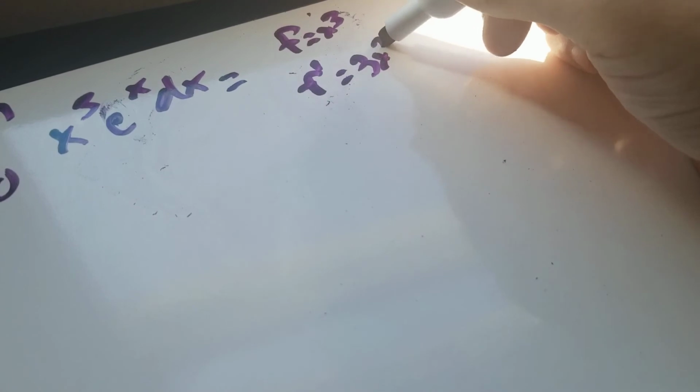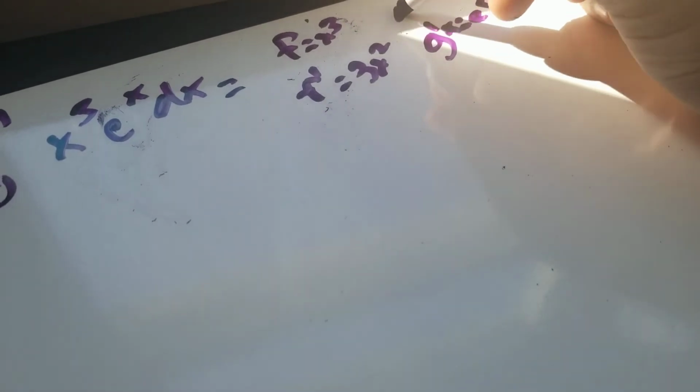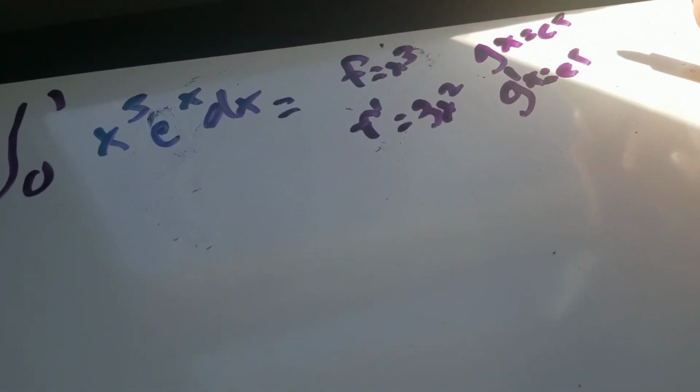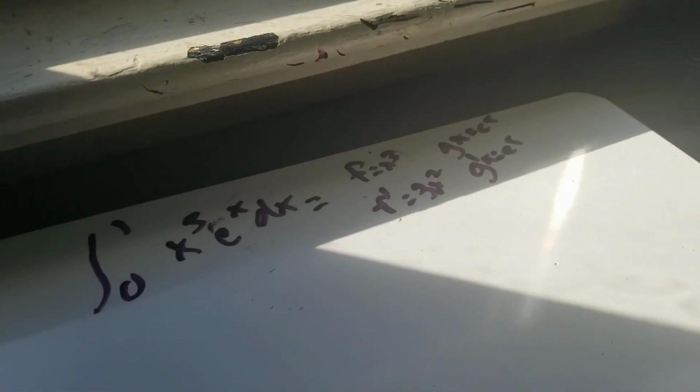F prime is going to equal 3x squared. G prime of x is e to the x. What's very convenient is that g of x, the antiderivative, is itself, so e to the x. Okay, so that's your first setup. Sorry about the sunlight. I can see that's causing the focus to be weird, but all right.